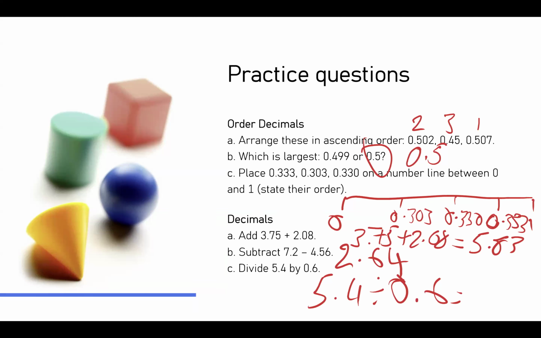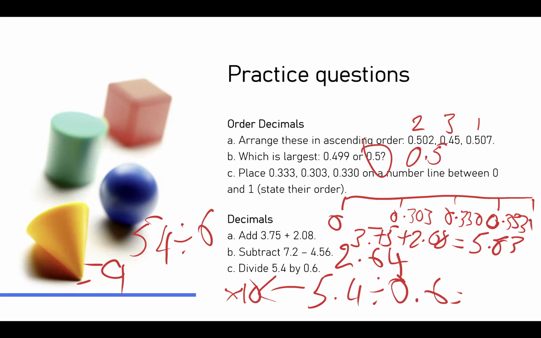What you can do is, for now, make them both into whole numbers. So multiply everything by 10 to make them into whole numbers. 54 divided by 6, which is simple, because if we do 54 divided by 6 in our head, we get 9.